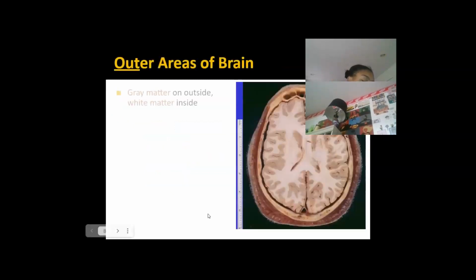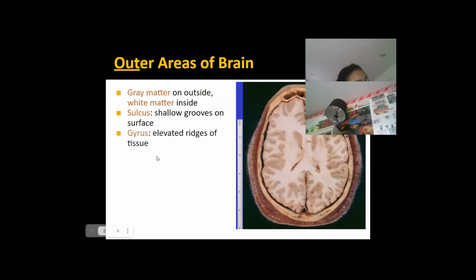If you look at the outer part, it's gray and the inner part is white. The gray matter is more for the signal transmission. The white matter is where the cell bodies are. The cell bodies are where the action is taking place as far as the decision making, the production of chemicals, neurotransmitters that need to be released, different proteins, all that sort of thing.